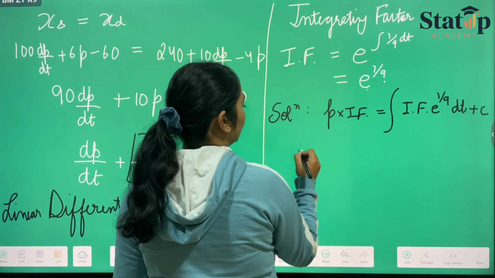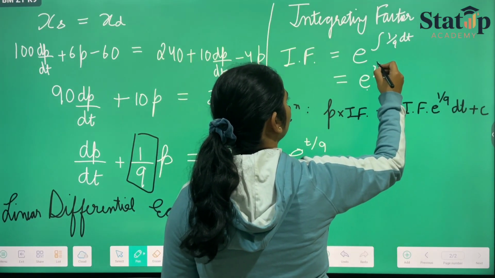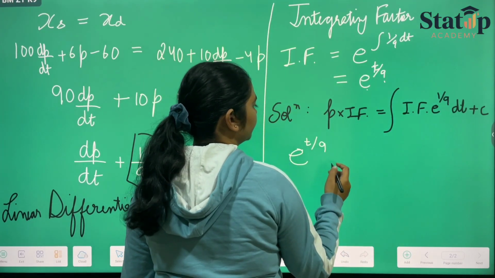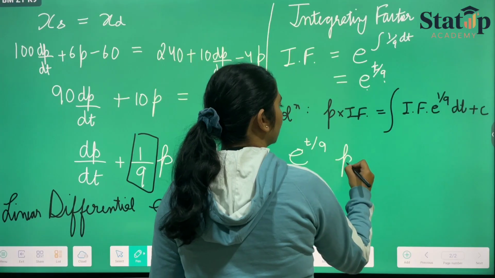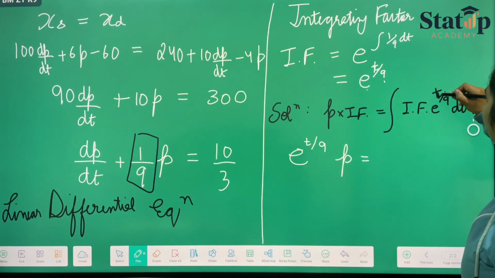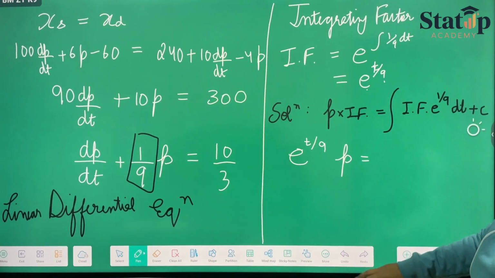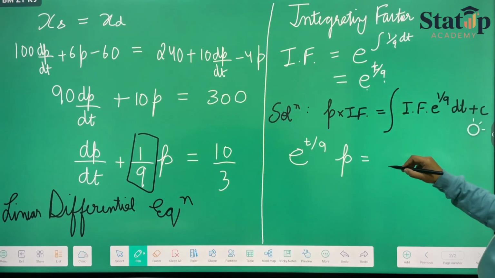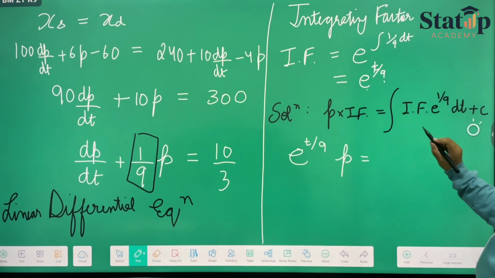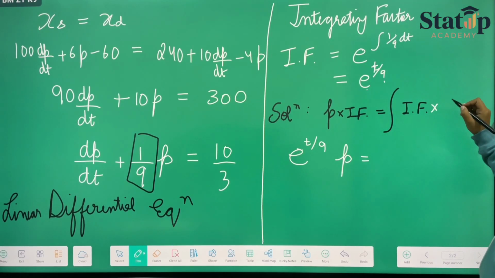So p into the integrating factor, e raised to the power t upon 9, equals the integral of the integrating factor into 10 upon 3, plus c.